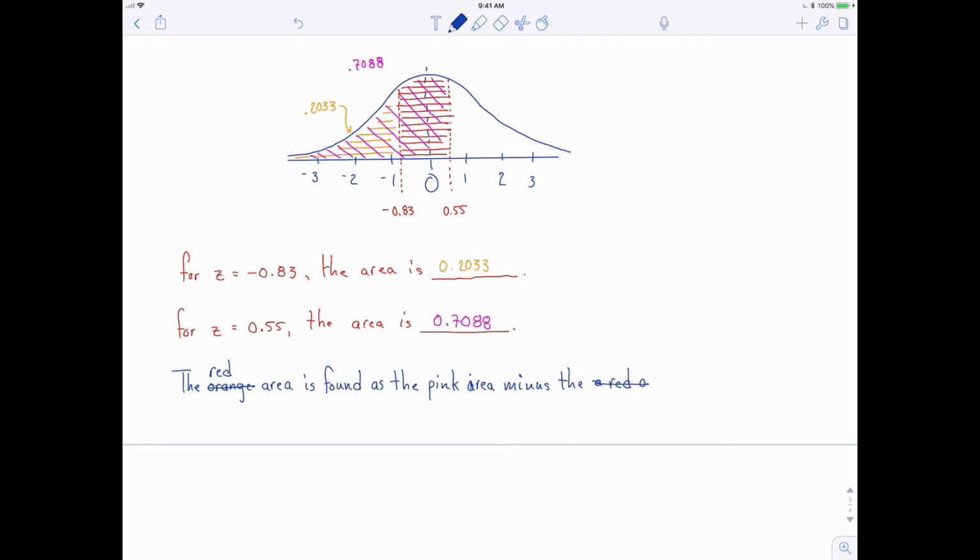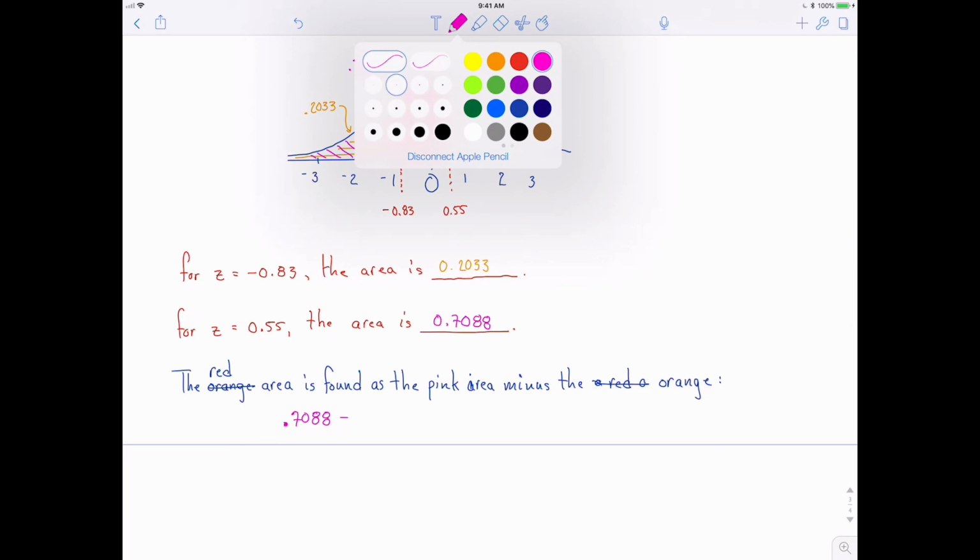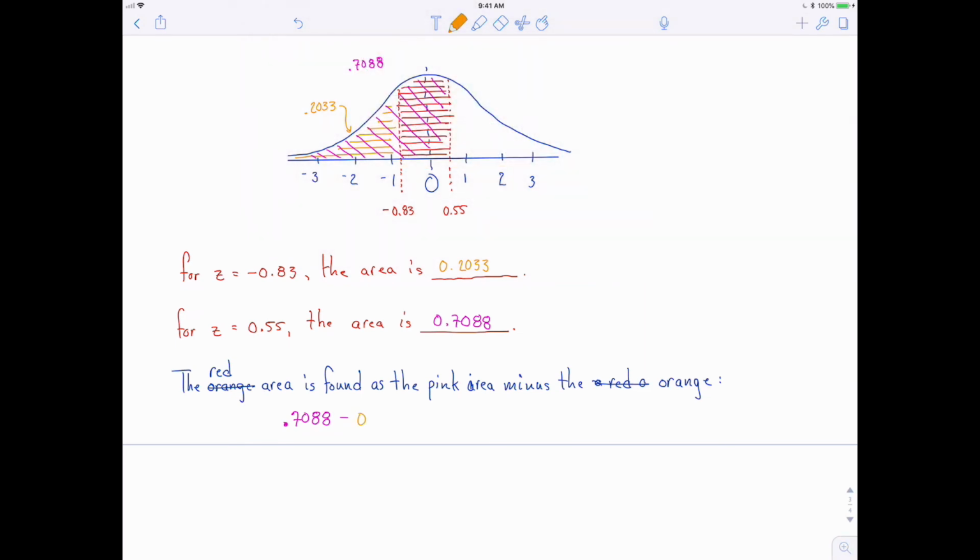Oh, I made a mistake. Oh, goodness. All right, here we go. So we're going to take 0.7088. We're going to subtract from that the orange, and the orange is 0.2033, and the result will be the red area, and that's what we want.